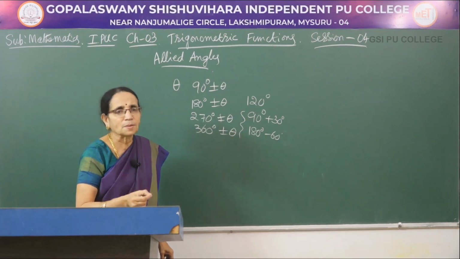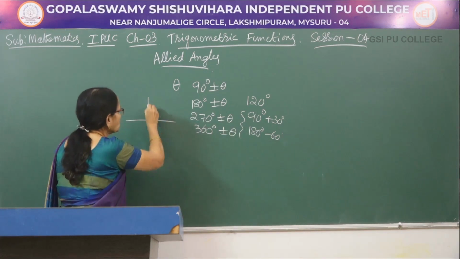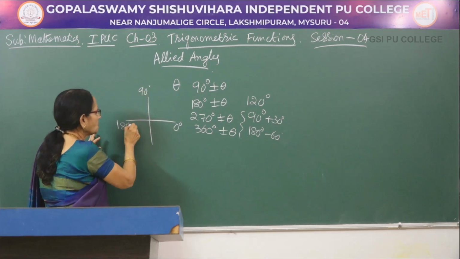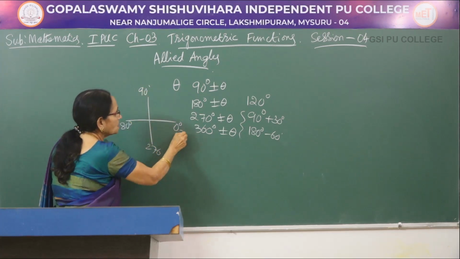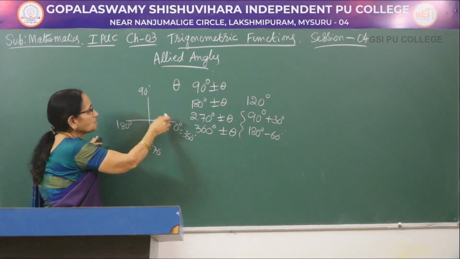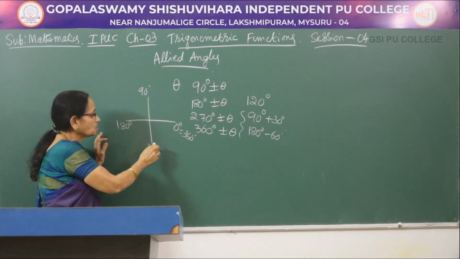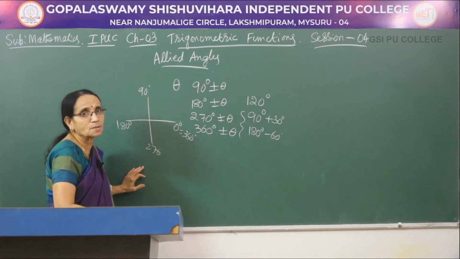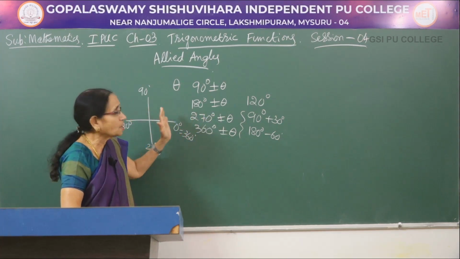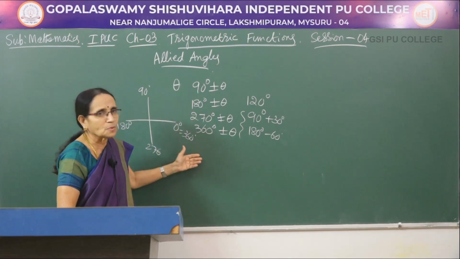Either you can write 90 plus something or 180 minus something, because when you draw this, it is 0 here, 90 here, 180, 270 and this would again be equal to 360 degree. So, the first quadrant means 0 to 90, second means 90 to 180, third means 180 to 270 and 270 to 360 is the fourth quadrant. Any given angle can always be expressed in two different ways using either procedure.